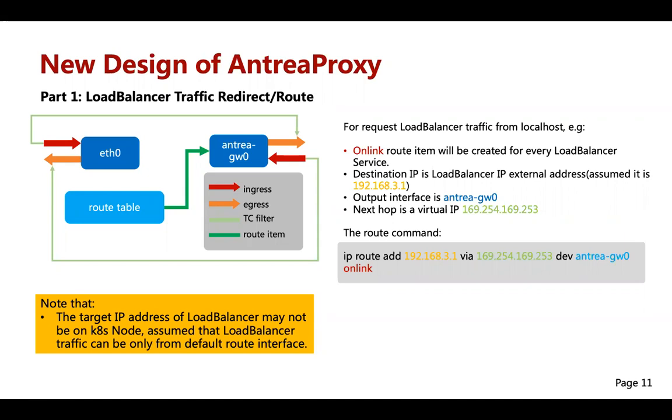Here, a link route is used for routing the load balancer request traffic into entry gateway. The target IP address is the load balancer external IP. The output interface is entry gateway, and the next hop is the service virtual IP address. OVS table 20 will handle the ARP request of the service virtual IP address.